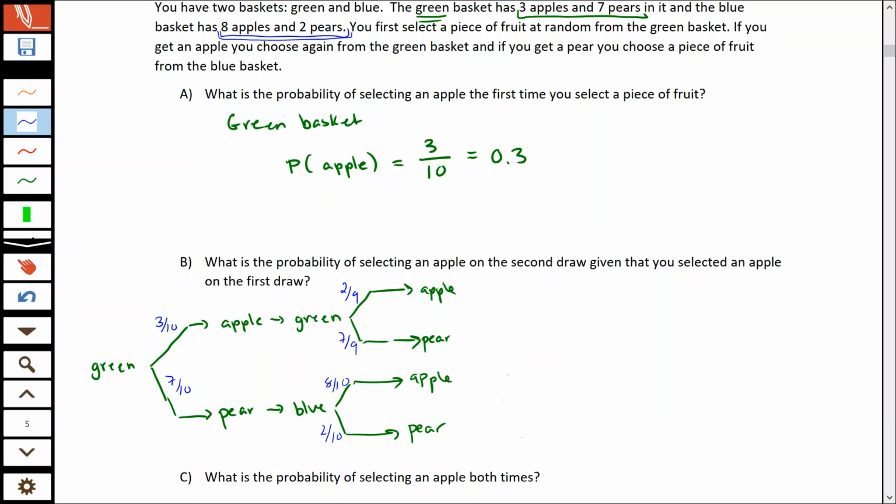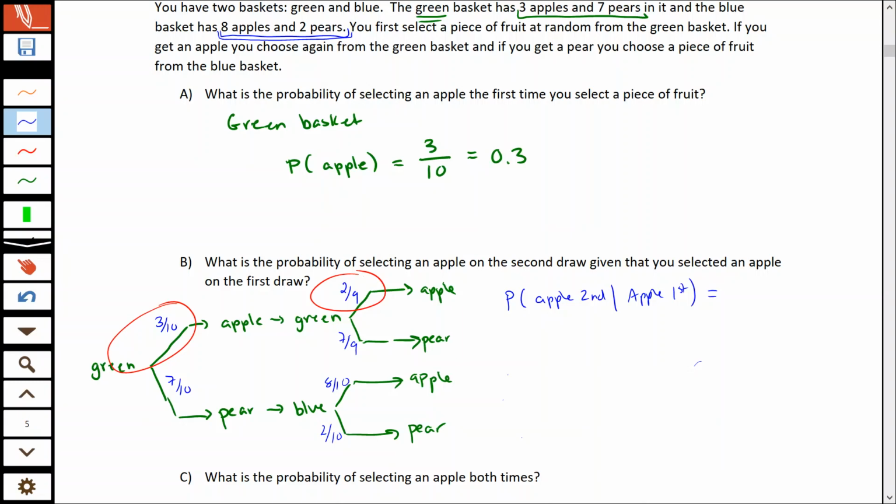So the probability of selecting an apple on the second draw, given that you selected an apple on the first draw. So we're looking at the probability of an apple on that second draw, given an apple on the first draw. Well, this is us taking the path of an apple and then an apple, and we are just selecting an apple on the second draw, given that we chose an apple on the first draw.